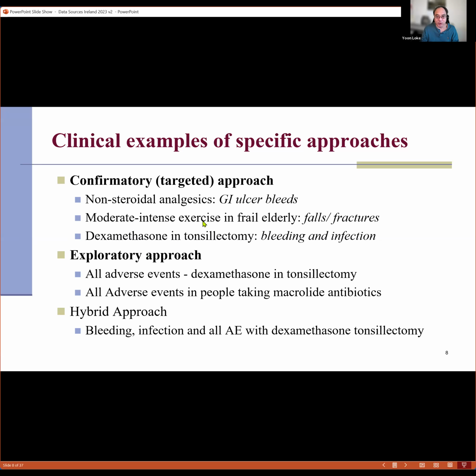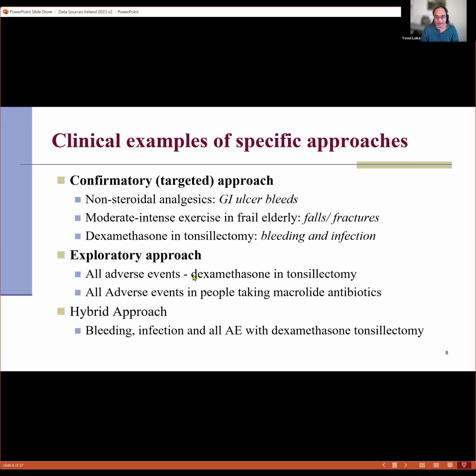If you're doing a review on exercise interventions in frail elderly people, then you could say, well, I'm worried that they will fall and break a leg. So you can look for falls and fractures as a pre-specified example. If you're doing a tonsillectomy, then you can look for bleeding and infections in surgical cases. So that's the confirmatory approach.